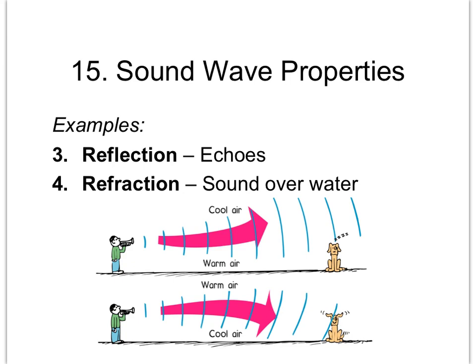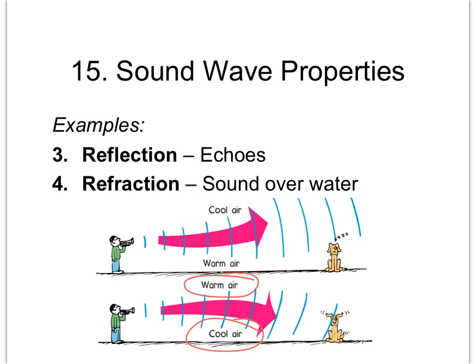The last one, refraction, we do have some examples of refraction. There's not a great example, but one that you sometimes will see is particularly if you're out on a lake relatively early in the morning when it hasn't really started to heat up too much yet. You end up with a situation like we see here where there's warm air above the lake, but then the lake is still cold, and so there's cool air right above the lake.